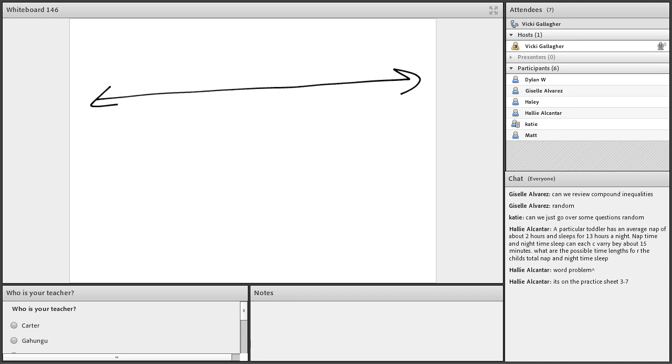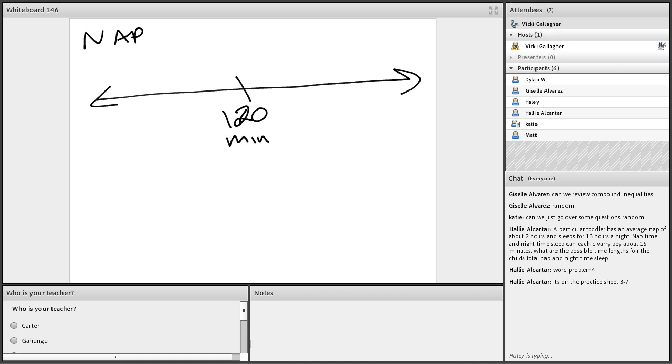On average, the nap time can be 2 hours, which we'll call 120 minutes, 60 times 2, just because the other one is minutes, and I don't want to get confused with units.